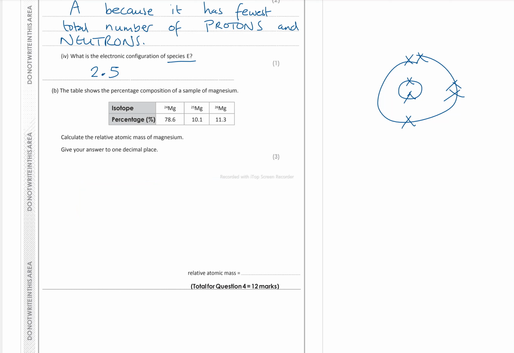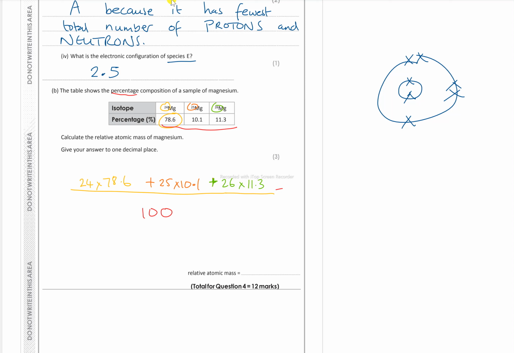We can do it the easy way. Put a fraction line, put that number here, times that number, plus that number here, times 10.1, plus 26 times 11.3, all divided by the total of all these percentages, which is normally 100%.